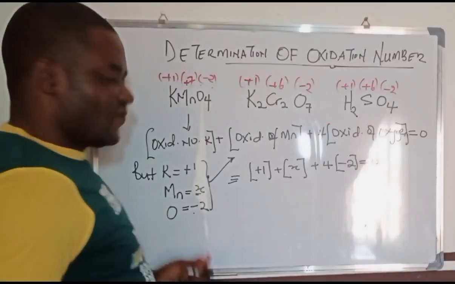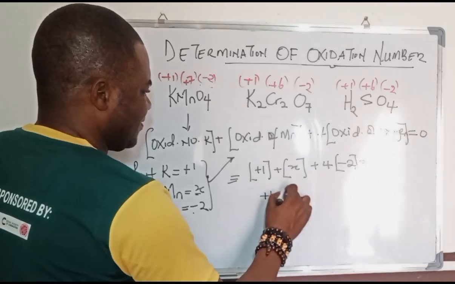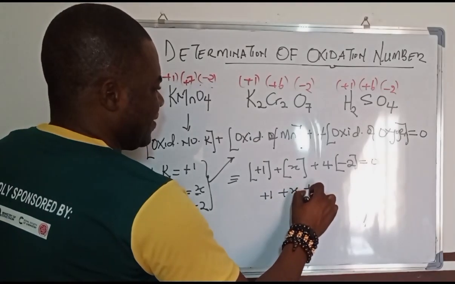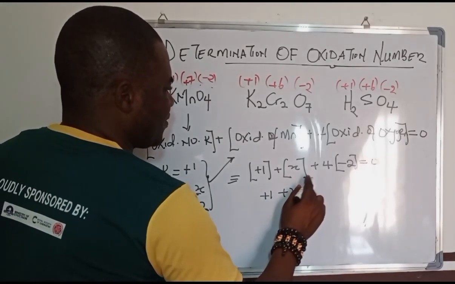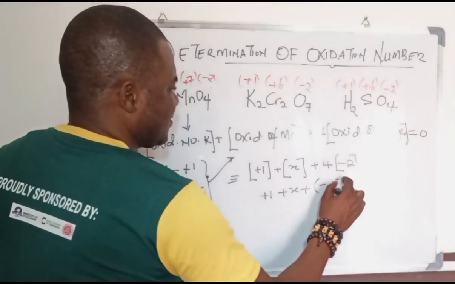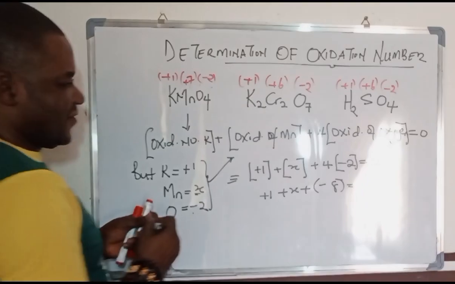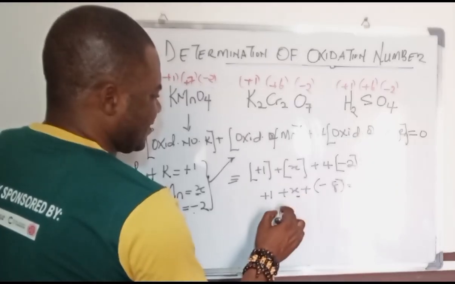Right, now with this it's simple. So we have +1 plus x minus 8 equals 0. Okay, so we are looking for x.